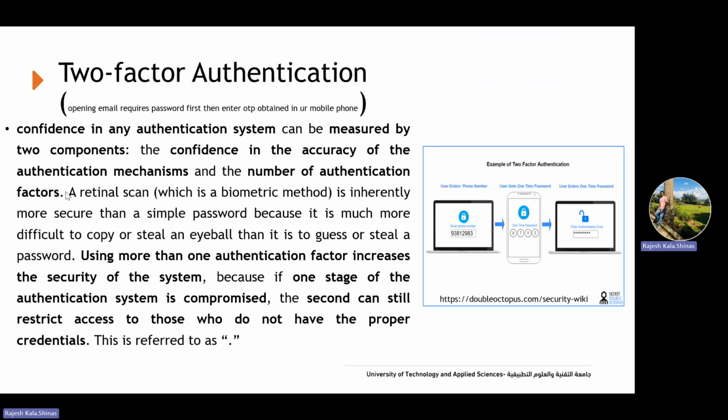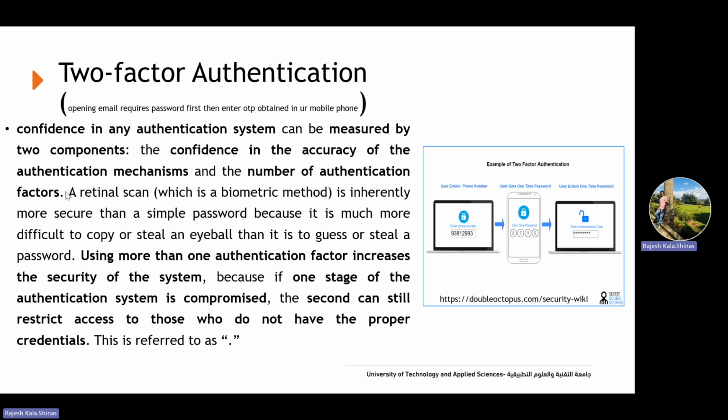Nowadays in our universities, when you want to access email, the password itself is not enough. After authenticating with the password, you should either give the OTP received on the registered mobile phone, or enter a PIN number generated by an authentication tool, like the Microsoft Authenticator tool.